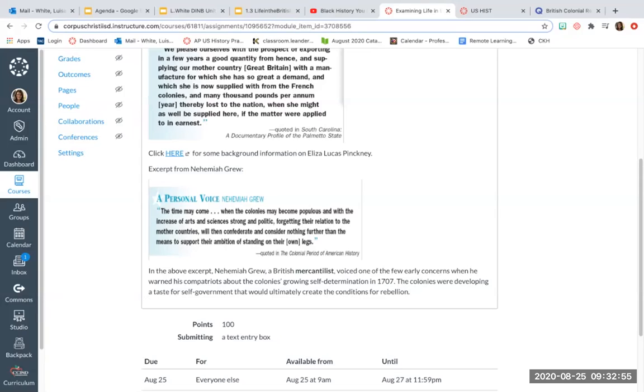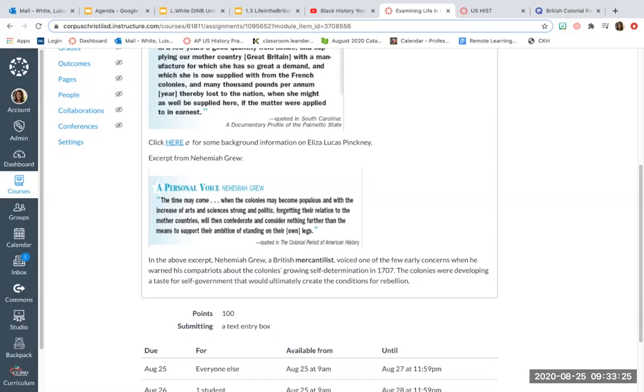He says, the time may come when colonies may become populous, forget their relation to the mother country, and will consider nothing further than the means to support their ambition on their own legs. He is saying the time may be coming here, guys, when the colonies don't want anything to do with us, when they want to be self-governed, self-determined, when they may very well want to be their own country. So I gave you a little bit of a clue to help you out in distinguishing this particular quote, okay?